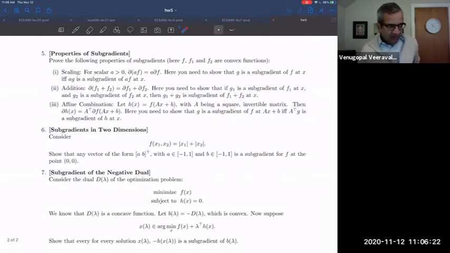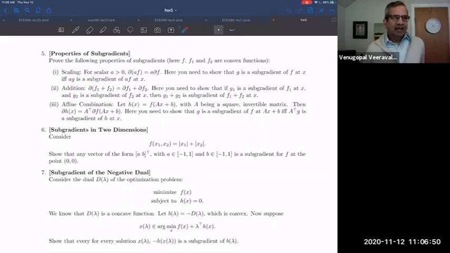Because you're going to use a statement like f of y is bigger than f of x plus something, right? So you need to be able to go from y to Ay, and there should be a one-to-one mapping between y and Ay.